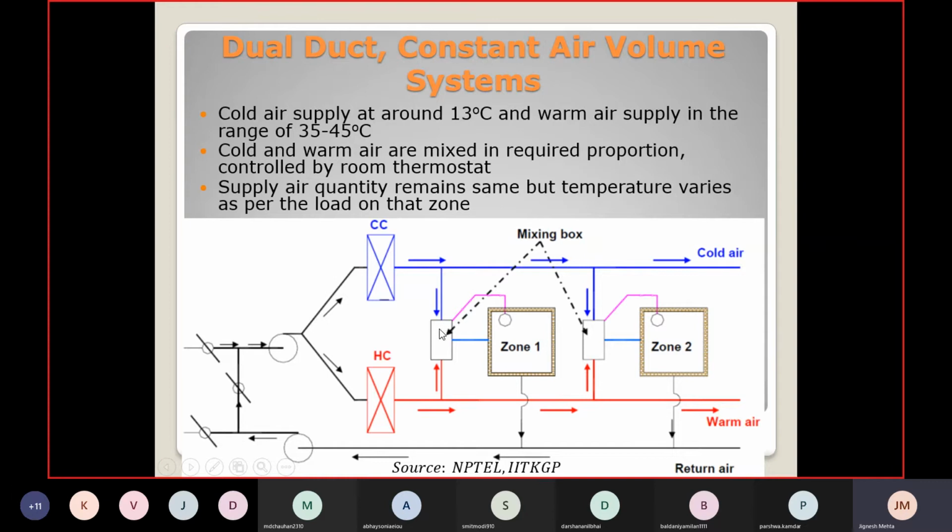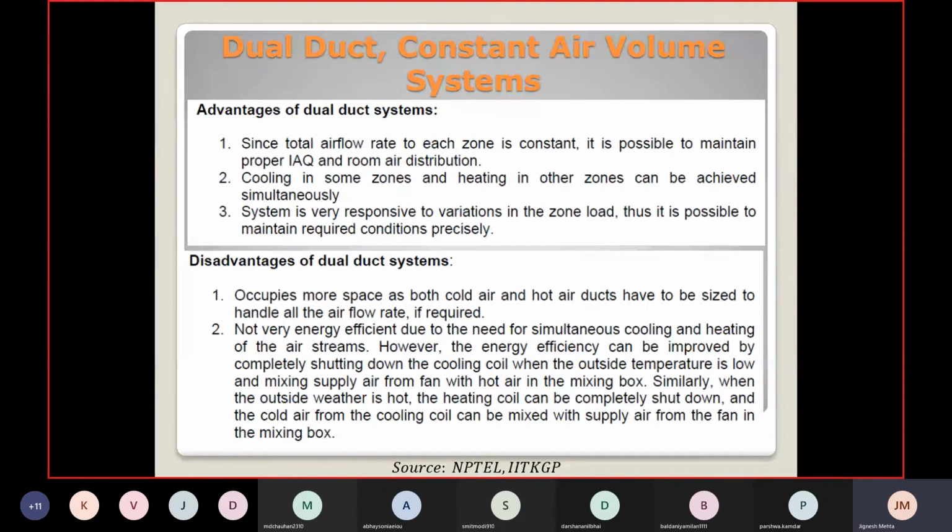There would be two dampers here, one for the cold air, another for the warm air, and it will change the proportion in which these are mixed so that you are ensuring a particular temperature for the given zone as per the load on that zone. Supply air quantities remain same, but temperature varies as per the load on that zone. This is about the dual duct system.